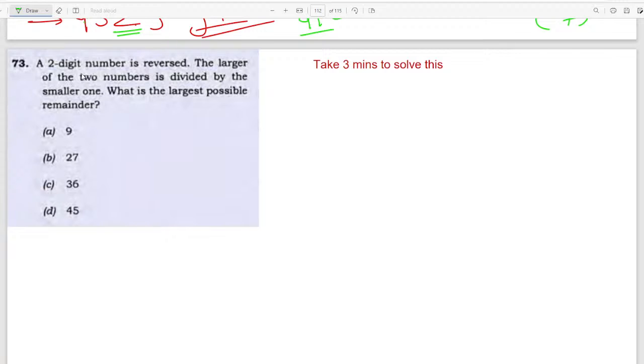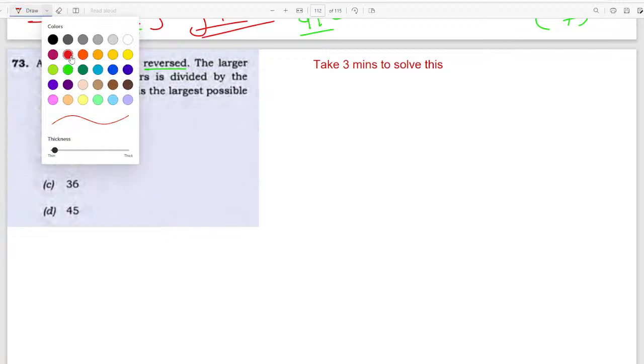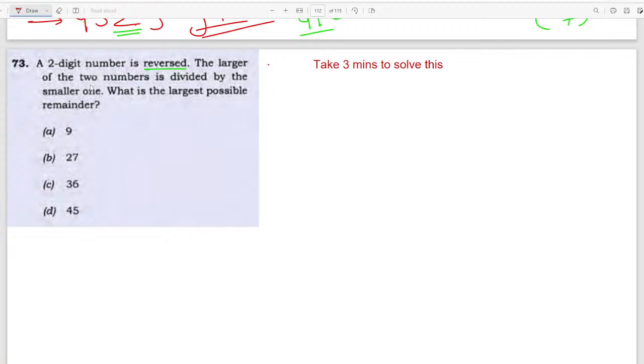We're saying that a 2-digit number is reversed. The larger of the two numbers is divided by the smaller one. It is the largest possible remainder. See, whenever you want to find out what is remainder, for example, if 9 is divided by 2, the remainder would be 1, because 9 can be written as 2 into 4 plus 1.